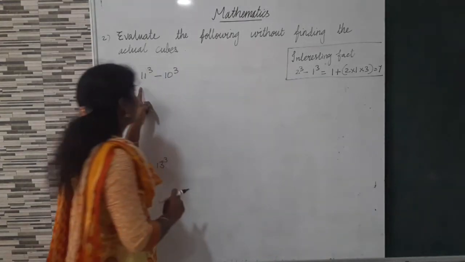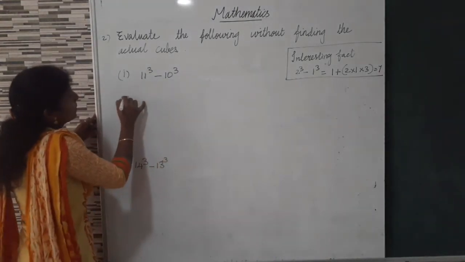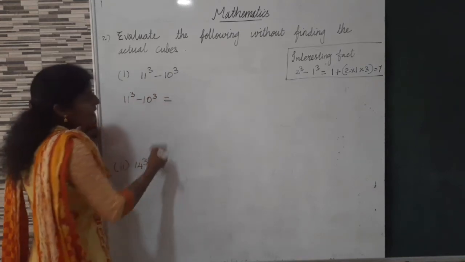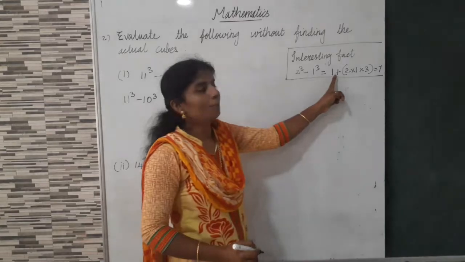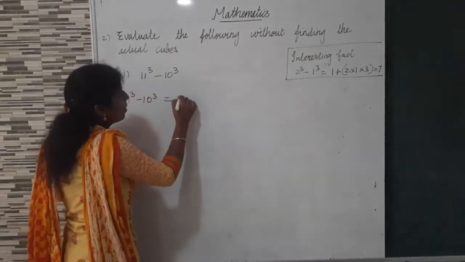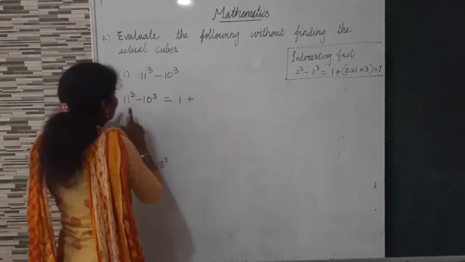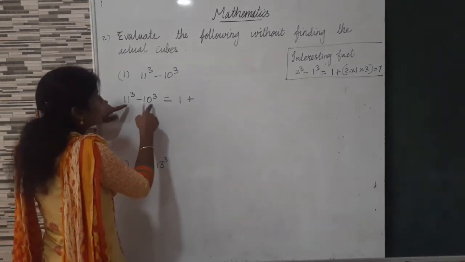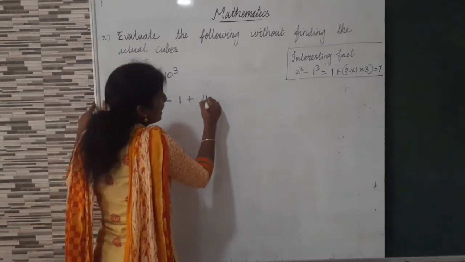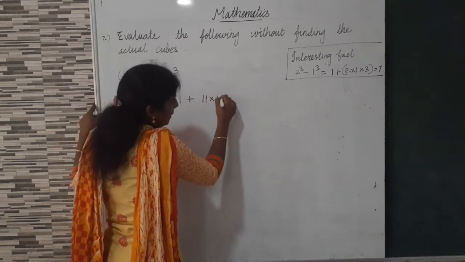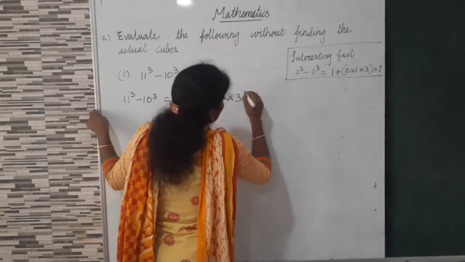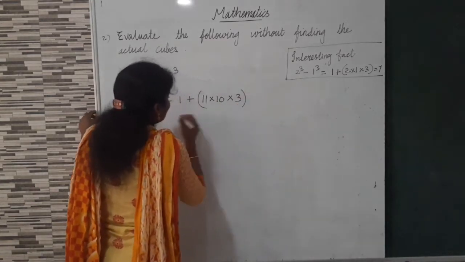Now here 11 cube minus 10 cube equal to, first we can write 1 plus. Now two consecutive numbers. What are the consecutive numbers? 11 and 10. So we can multiply 11 into 10 into 3. Now we can find the answer.